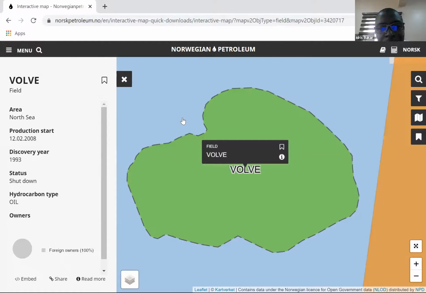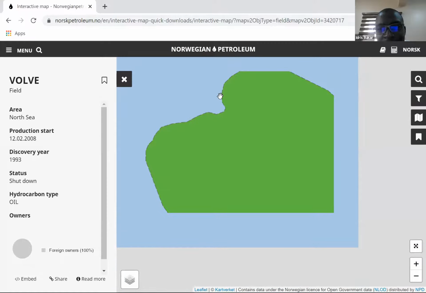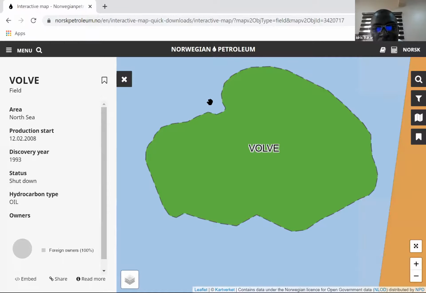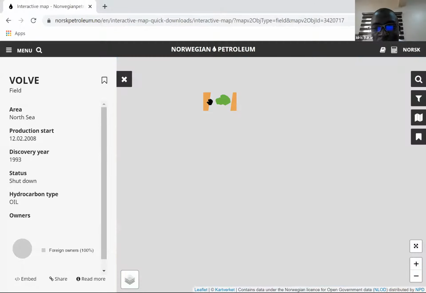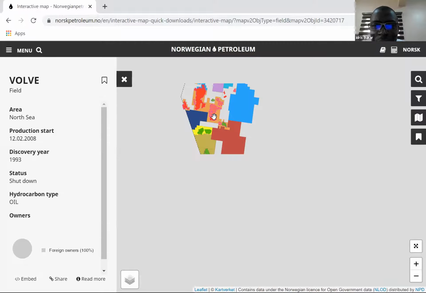I kind of wish every basin in the world, or at least in places we're interested in, could have all this kind of information available. I guess in some places it's probably even for security reasons and what have you. Sleipner is next to Volve.